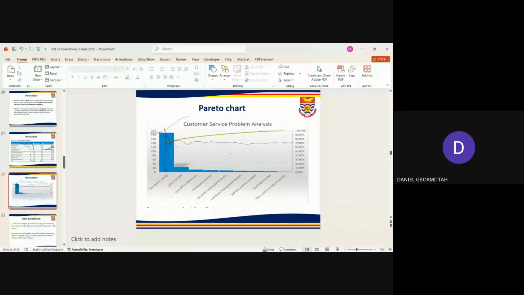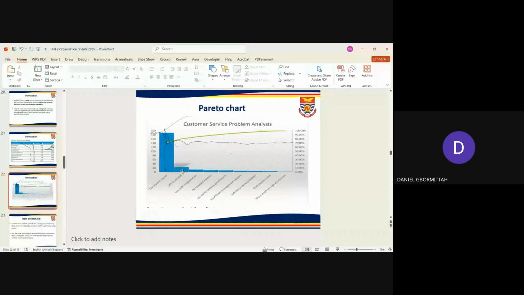And that is the point that we have here, the first point for the 2-month turnover. The cumulative percentage for the 2-month turnover is 70.9.